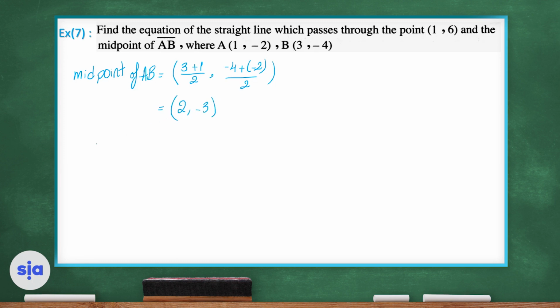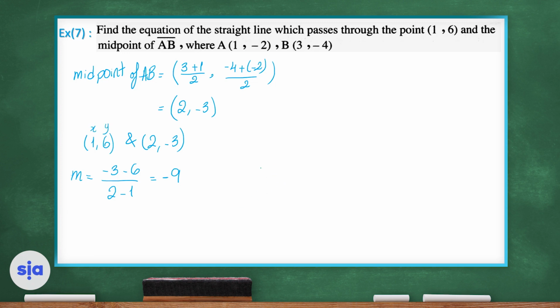To find the equation of the line, the 2 points that you have now are (1, 6) and (2, -3). So the slope of this line is (-3 minus 6) over (2 minus 1), which is equal to -9. You can pick any of these 2 points to find the value of c. Let's, for example, pick this point as x and y.